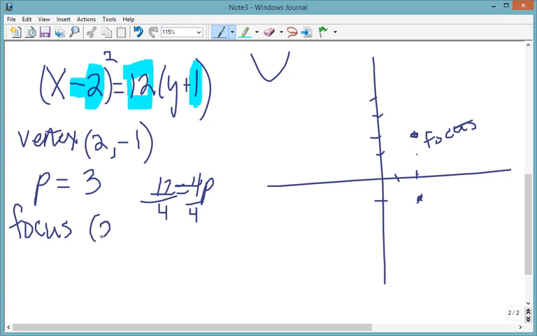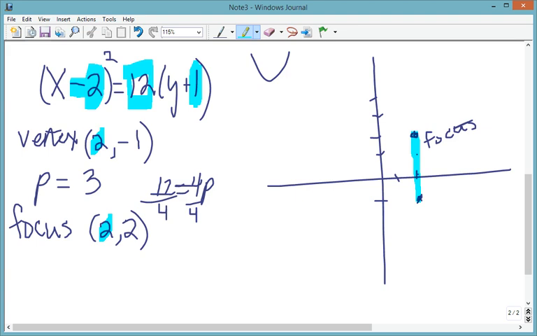So the point is at 2, same as the vertex, and the y value will be 3 more than the vertex. So the vertex was at negative 1. I add 3, I get 2. So my focus is at (2, 2). So this distance right here is still my p. It's just that we start counting at the vertex.